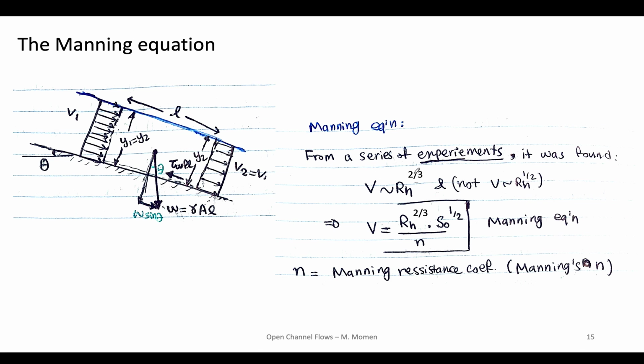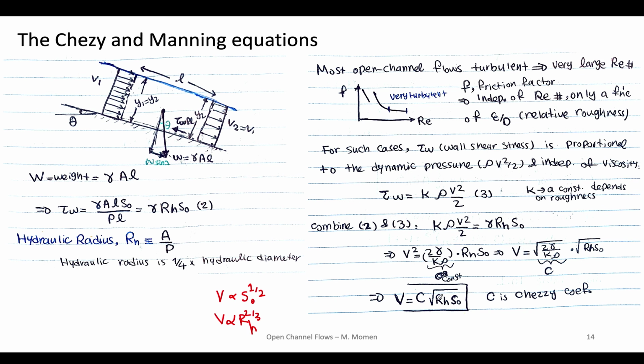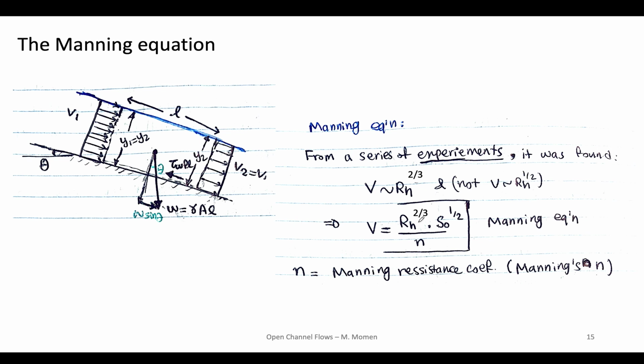Manning found this from a series of experiments, and so we changed this equation from C times the square root of R_H, the hydraulic radius, times S naught, to R_H to the power 2/3 times S naught to the power 1/2 over n. And n is the Manning resistance coefficient, or what we know mostly as Manning's n, right?